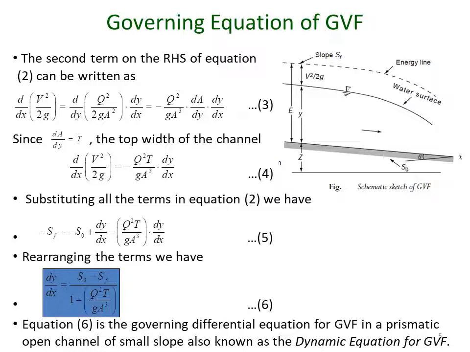If we rearrange the terms and take dy by dx on the left-hand side, we arrive at what is called the governing differential equation for GVF, or gradually varied flow, in a prismatic open channel of small slope, given by dy by dx equals S naught minus SF by 1 minus Q squared T by g A cubed, which is highlighted in blue and is given by equation number 6 in this slide.